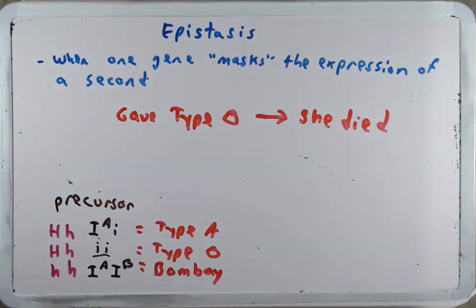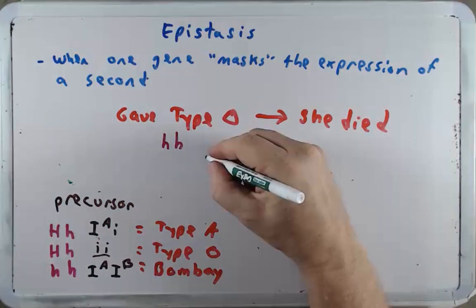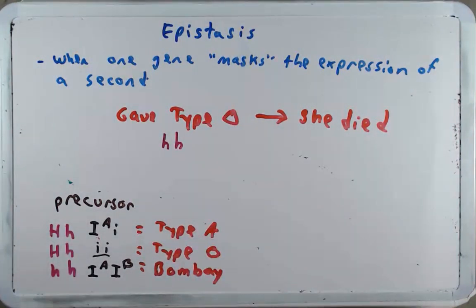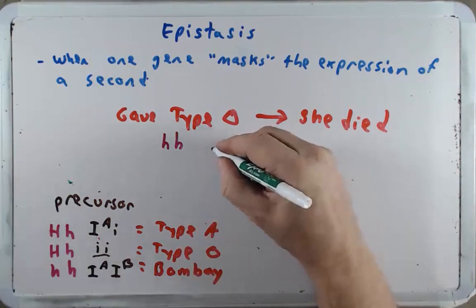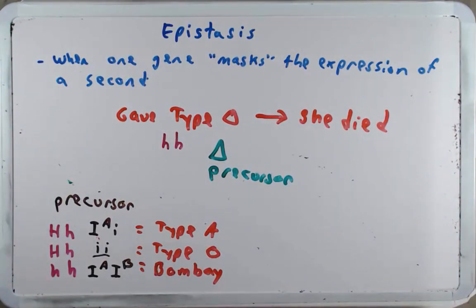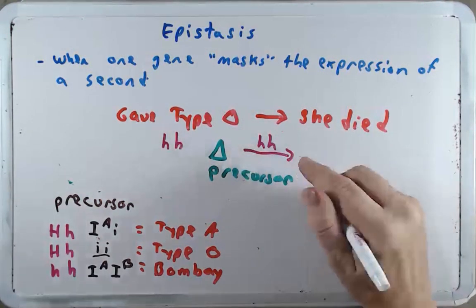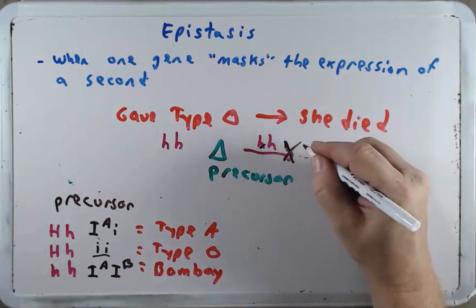And that's because she was little h. Her blood on the outside of it wasn't O, wasn't A, wasn't B, wasn't AB. If we use our symbol we used on the last slide, it had just this precursor. And that precursor, since it didn't have the H gene, it was little h, it didn't go any further.